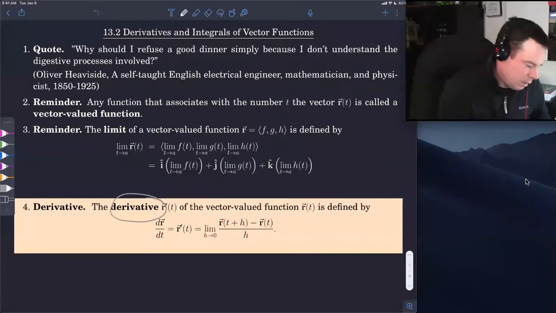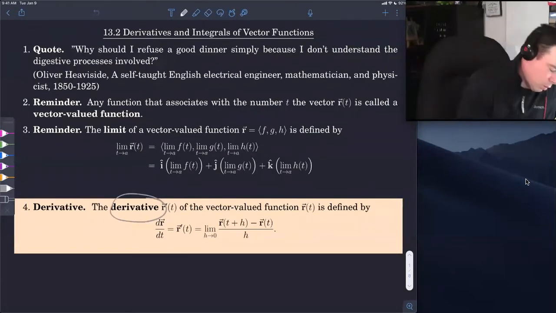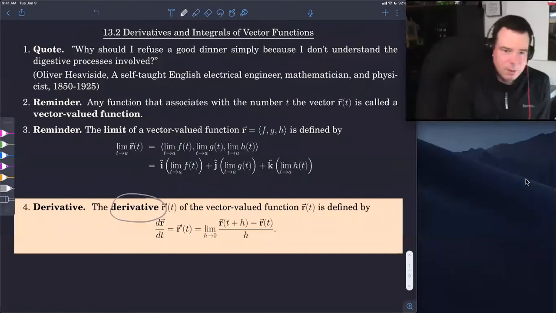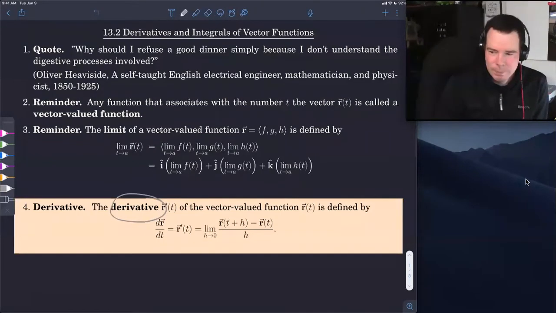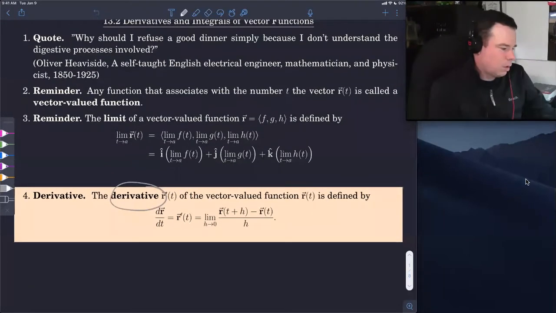So this is our next section, derivatives and integrals of vector functions. So a quick reminder, the limit of a vector valued function was just the limit of the corresponding components. So limit of f, limit of g, and limit of h. And that allows us to go and introduce a derivative.